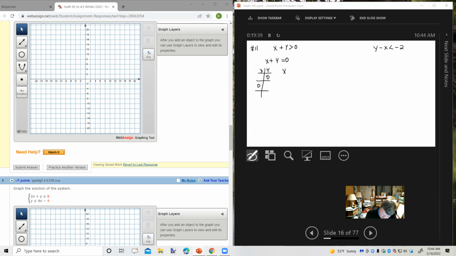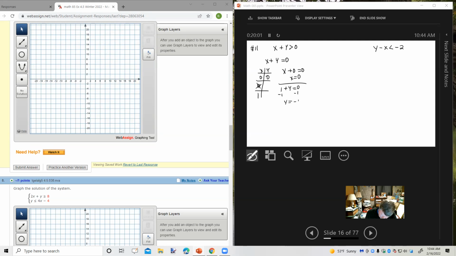If y is 0, x plus 0 equals 0, so x equals 0. Oh, so this inequality goes through the origin, or the equation part does. So I can't use this because I just get 0, 0 again. So let's just go with, how about 1? If x is 1, 1 plus y equals 0.